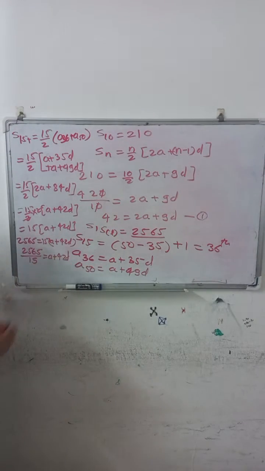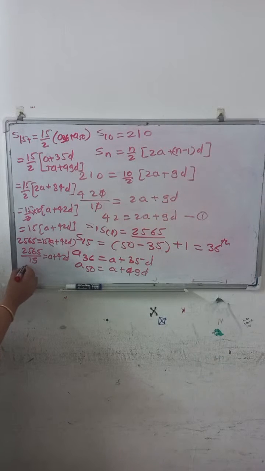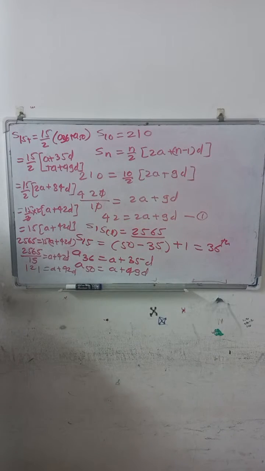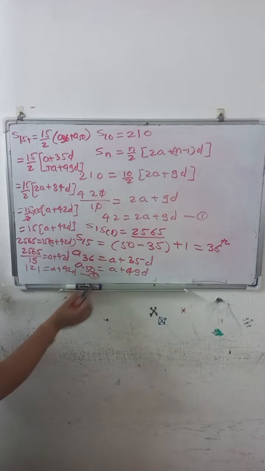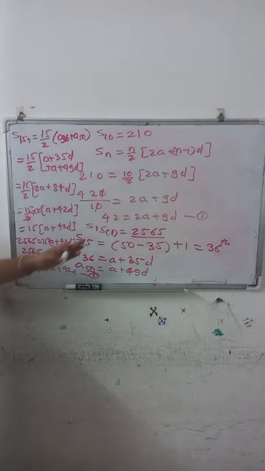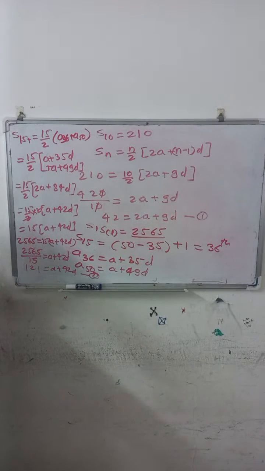So now 15, how much will you get, check? Is it 171? A plus 42D. Okay, now you can take this as equation number 2. Very big problem. Once you get this, go for the first equation, compare that, add or subtract, and solve these equations. Then you will get A and D and then you will get the AP.